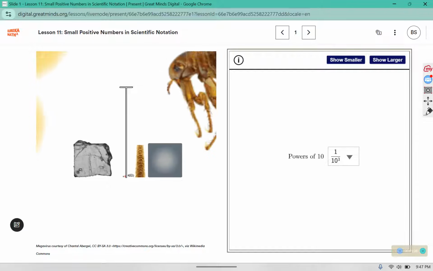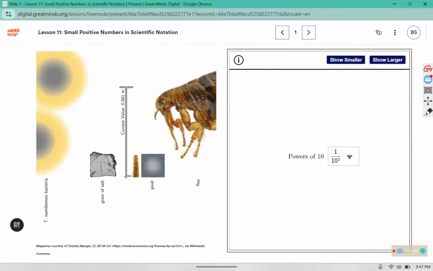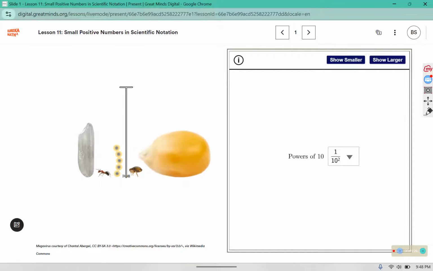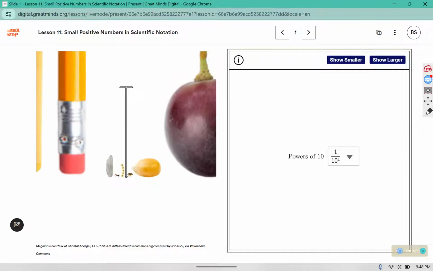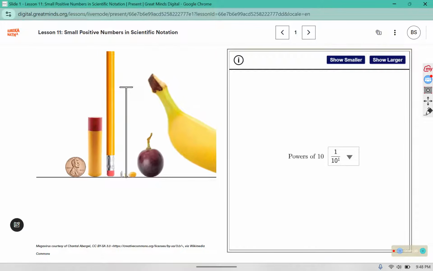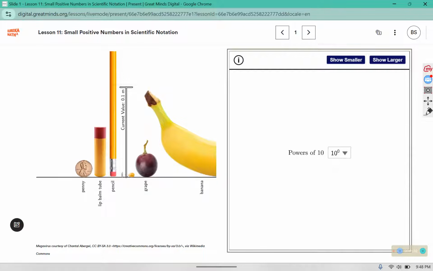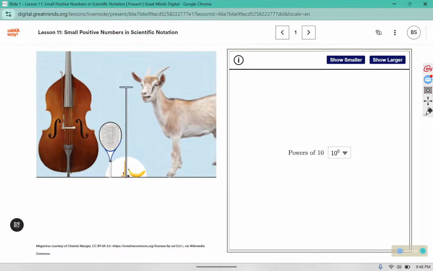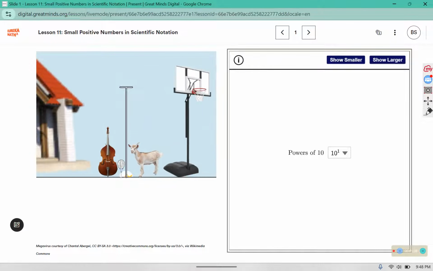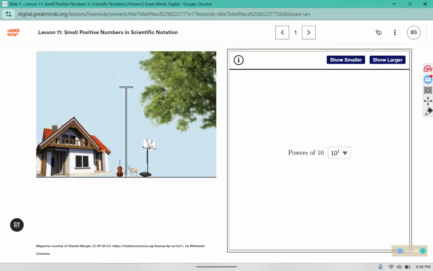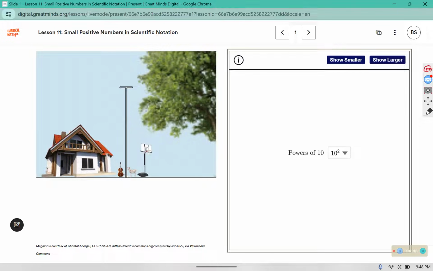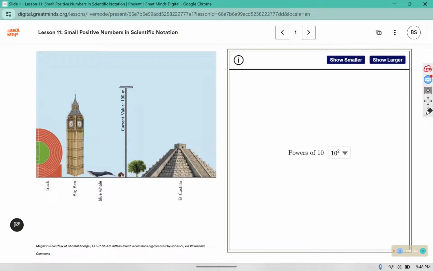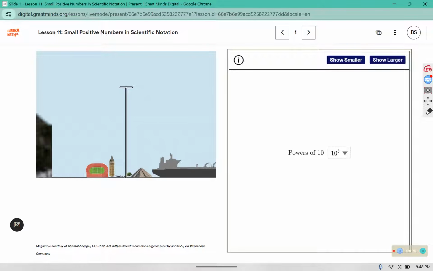Remember, these are written as 10 with a negative exponent. There's that piece of rice and a popcorn kernel. And the speed at which these things increase in size is very rapid with each new power of 10.